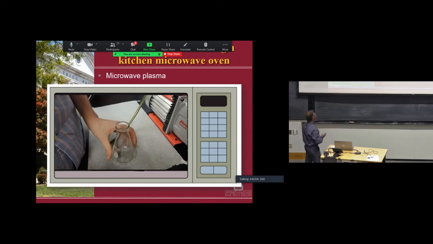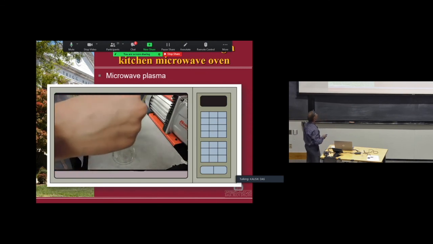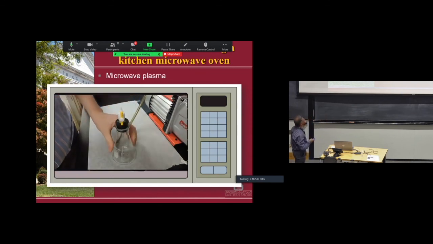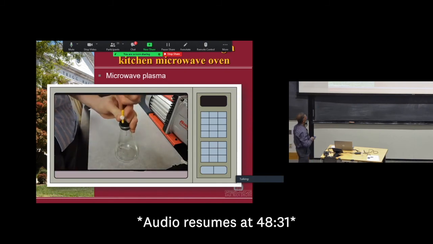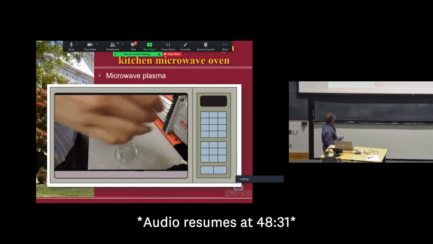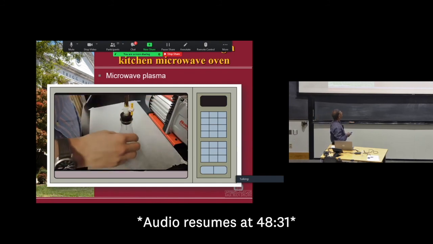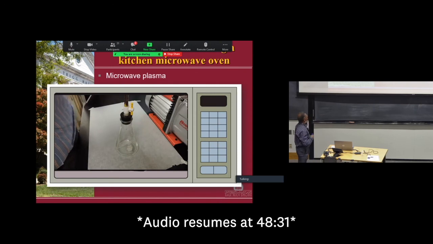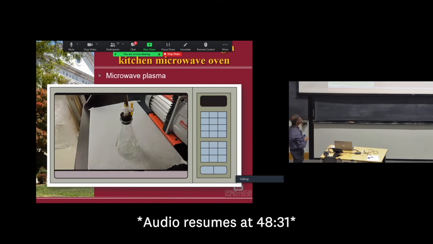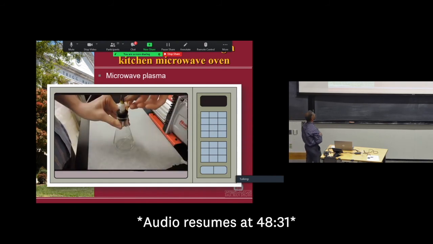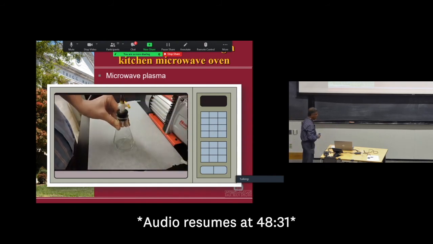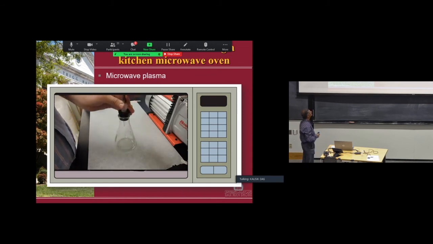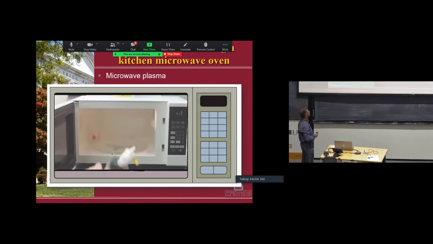He just put that substrate in there and created some vacuum in the chamber, and then he put it in the microwave oven.